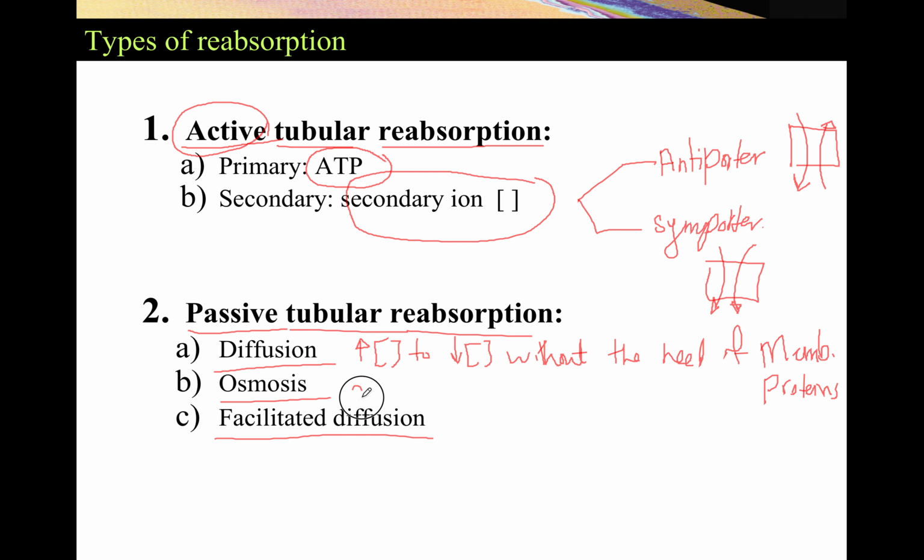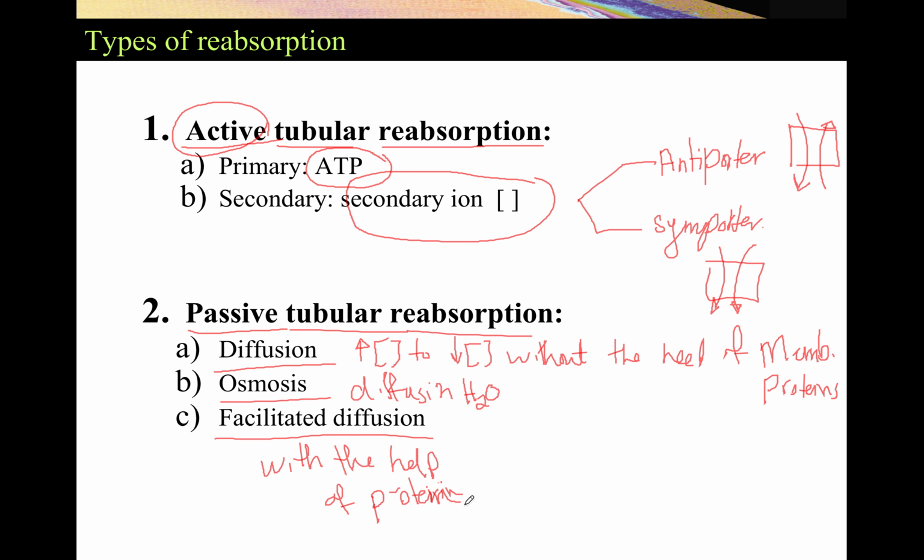Osmosis is diffusion of H2O. And facilitated diffusion is the same thing as diffusion, but with the help of proteins. So this is very important to remember as far as the difference.